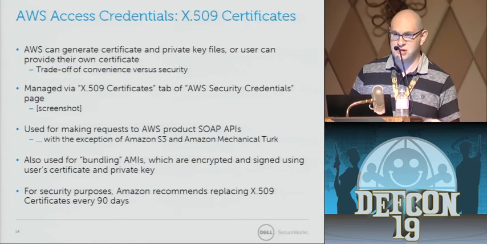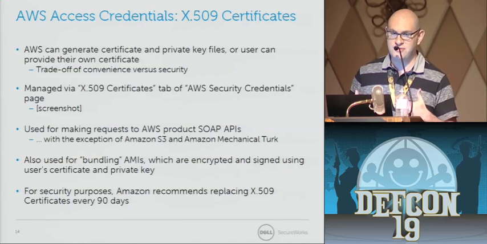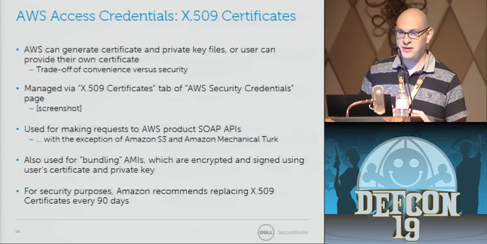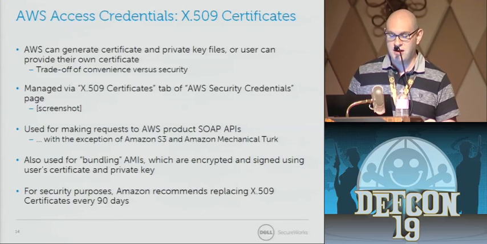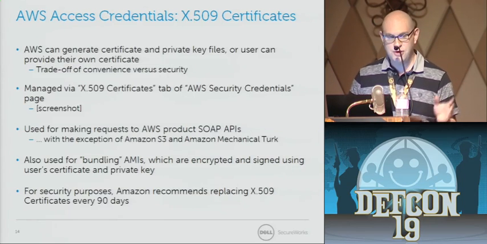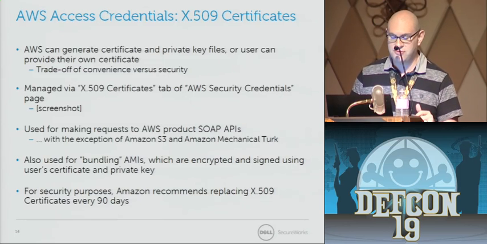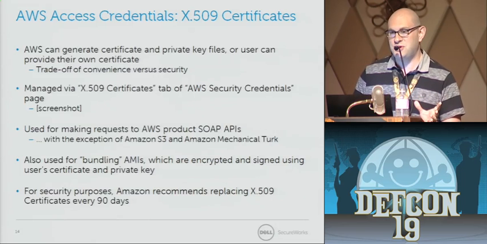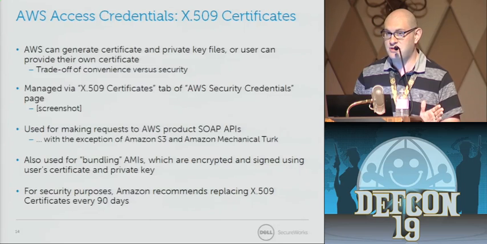Either you let Amazon generate the secret key for you, or you do that on a system. It's obviously recommended that you generate your secret key yourself and then provide it up to Amazon. Use it to bundle your AMIs. It cryptographically signs and encrypts AMIs that are private, or just cryptographically signs the machine images that you're going to make public. Again, Amazon's recommendation, rotate these things every 90 days. So go issue a new certificate and private key at least every 90 days for your infrastructure.